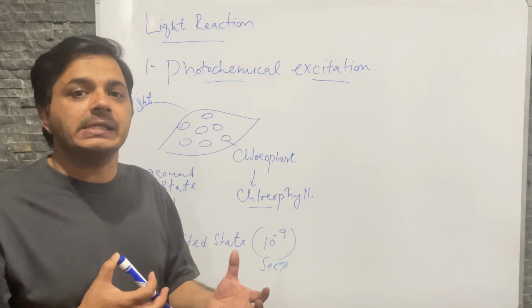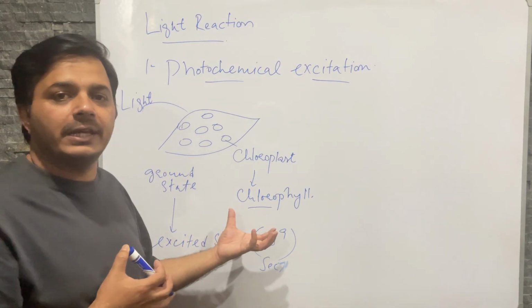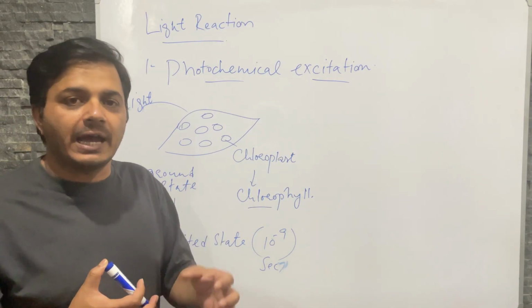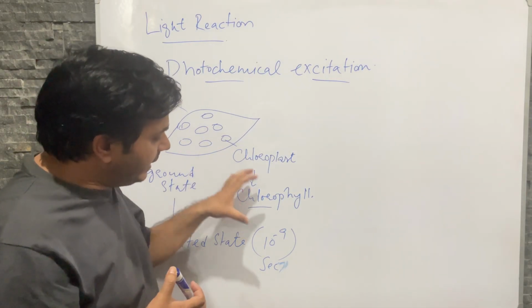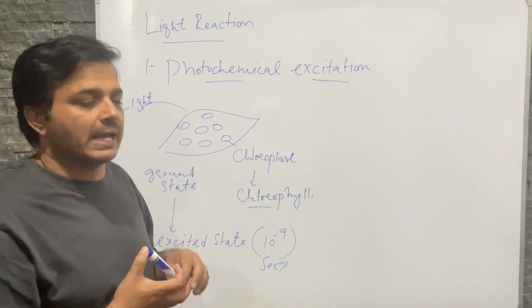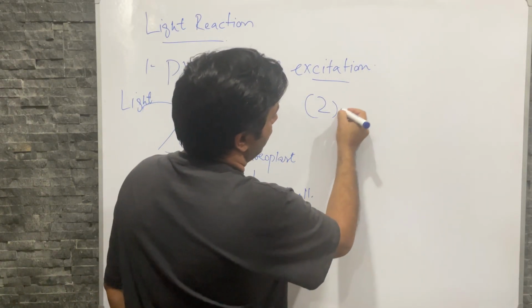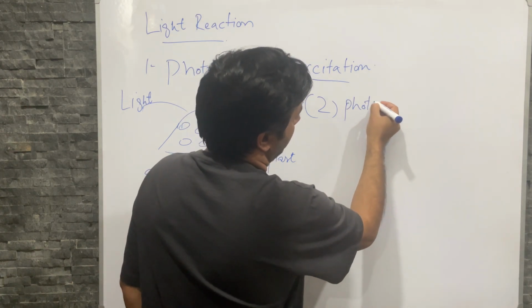So the chlorophyll molecules get excited with the help of light energy. With this excitation, there is a second term which is called photooxidation.